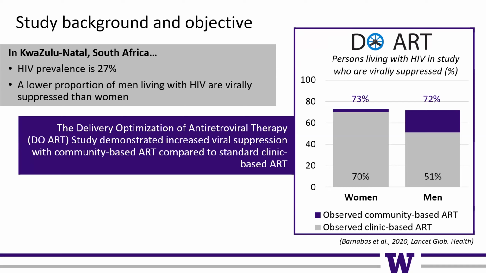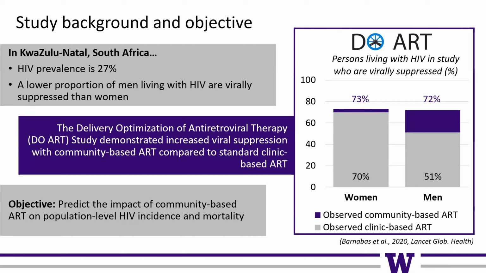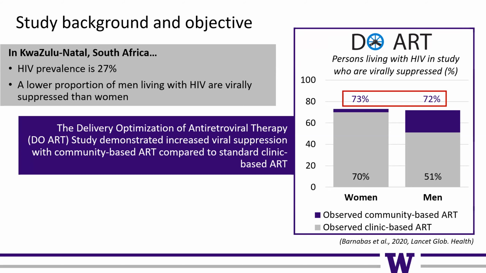As seen on the right, in the purple incremental bars, the increase in viral suppression with community-based ART was particularly notable among men, such that the gender disparity was eliminated. And a strength of this study is that it excluded patients with stable viral load, therefore allowing a true comparison of the outcomes in persons new to treatment with a detectable viral load with either of the clinic or community-based interventions.